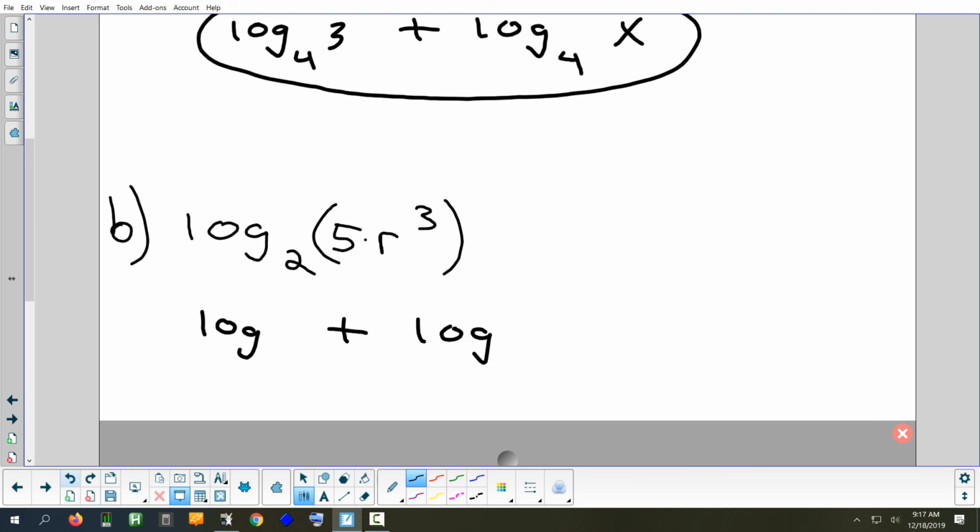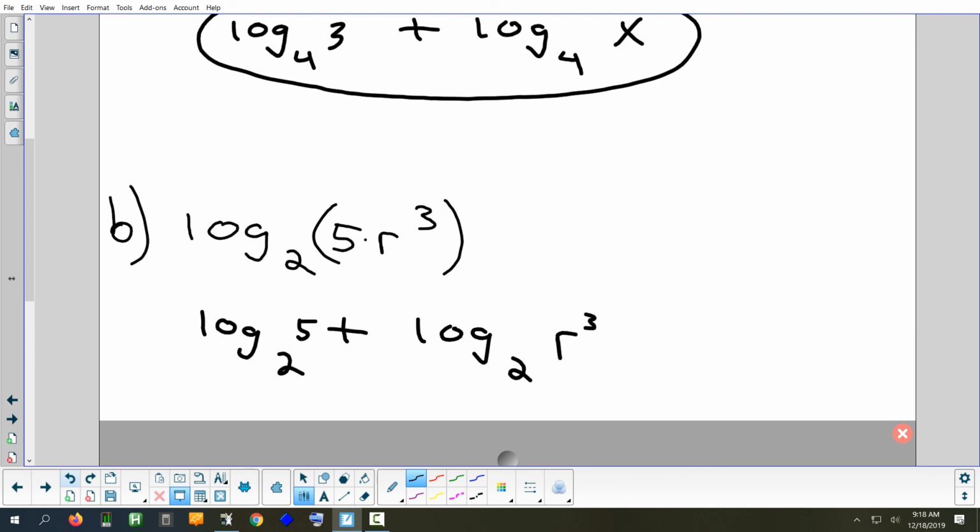Alyssa, what's going to be the base on each log? 2. Andrew, my first argument? 5. And Brianna, my second argument? A little bit more. It would be r to the third.